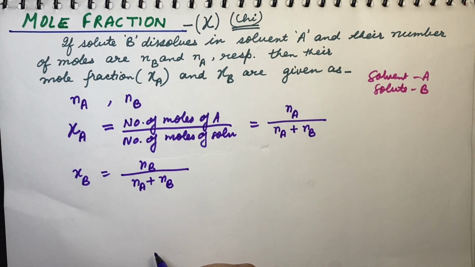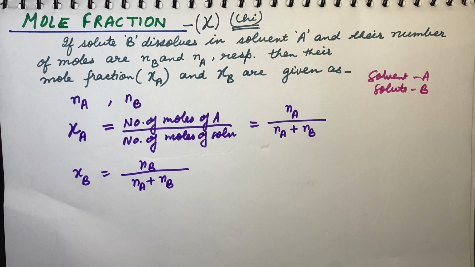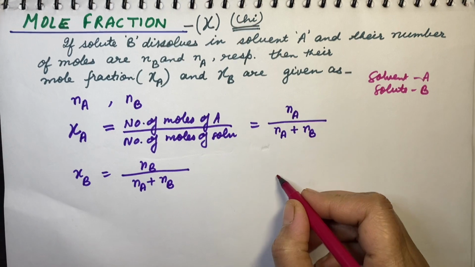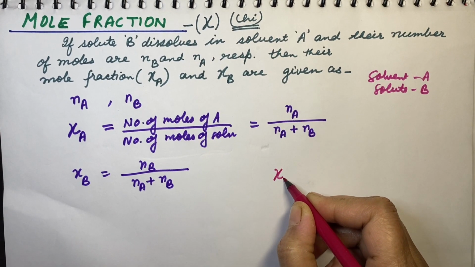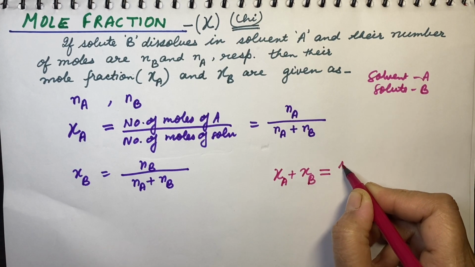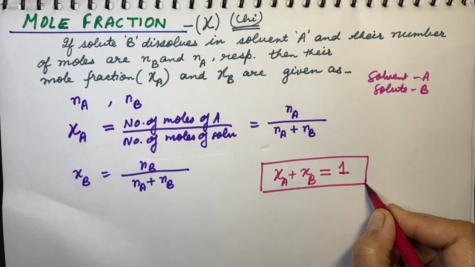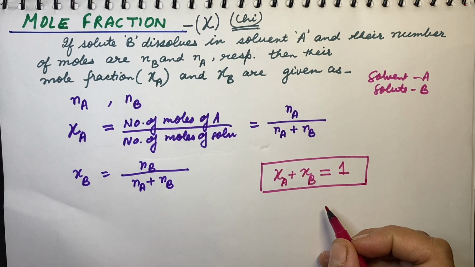You have to remember one thing, that the sum of all the mole fractions is always equal to 1. This means chi A plus chi B is equal to 1.